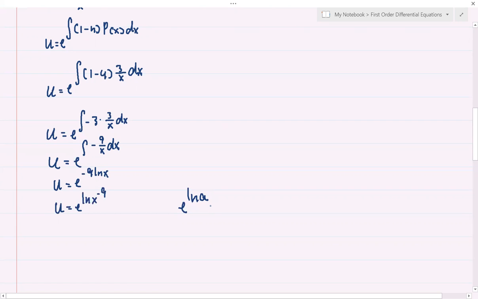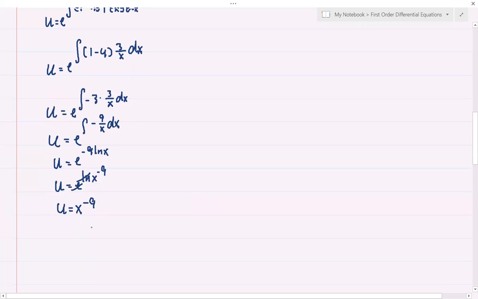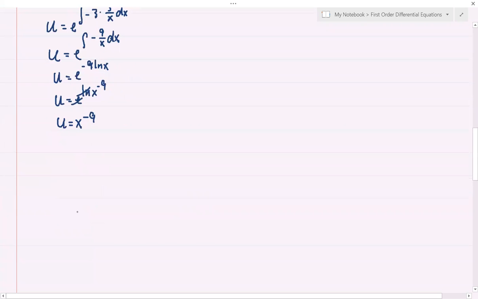I repeat, if you have a base of e and you have the exponent of a natural logarithmic function, you're going to cancel out the e and cancel out the ln and copy what's inside. So therefore, in this format, your answer is A. Okay? Now, let's apply it here. So cancel e, cancel ln, you have the answer of x raised to negative 9. That would be your integrating factor.